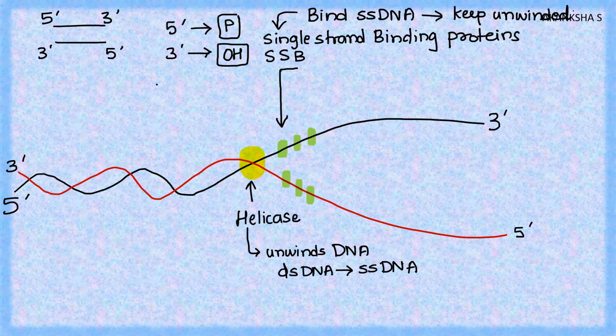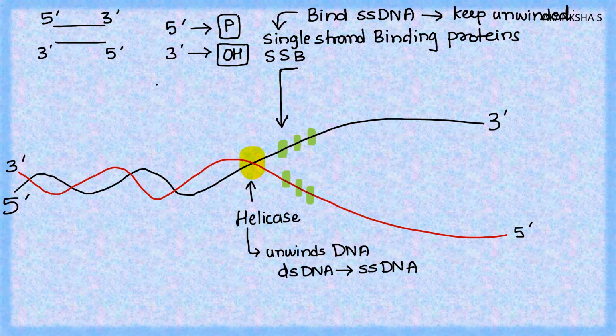Okay, so that space or that particular relaxation is created by helicase. And to keep the DNA in the unwinded state, we have certain proteins called single stranded binding proteins.